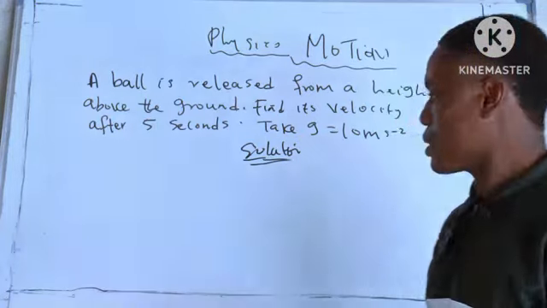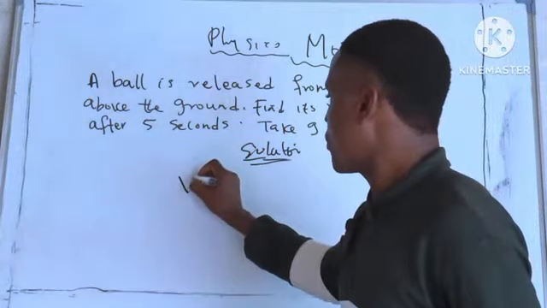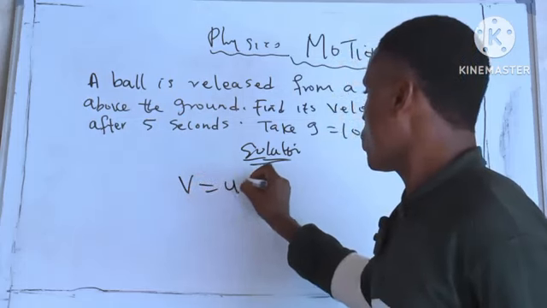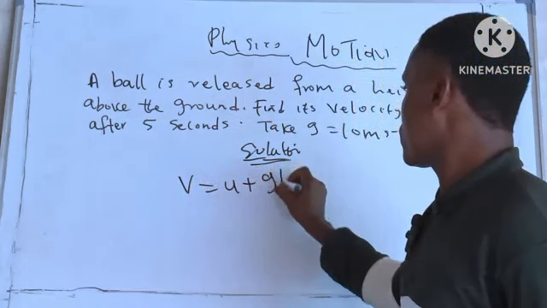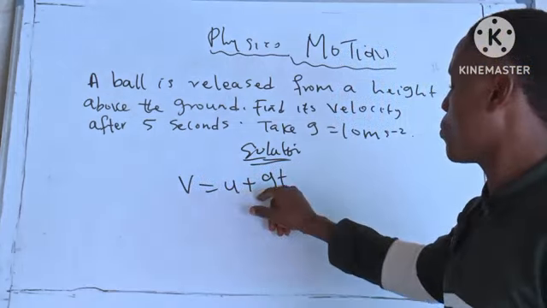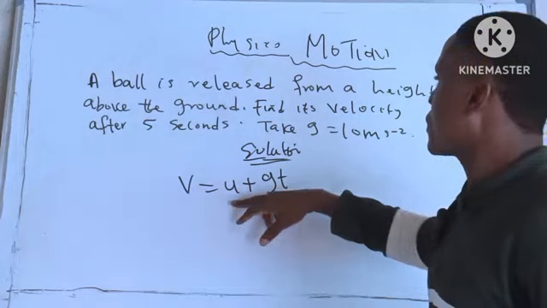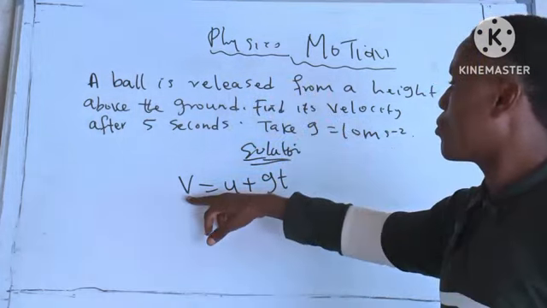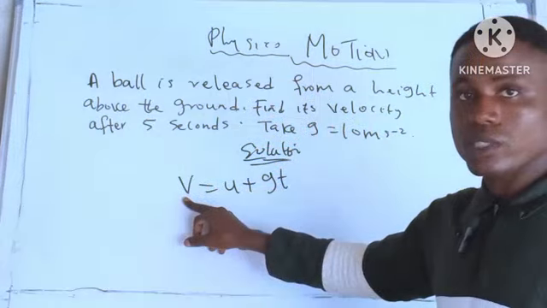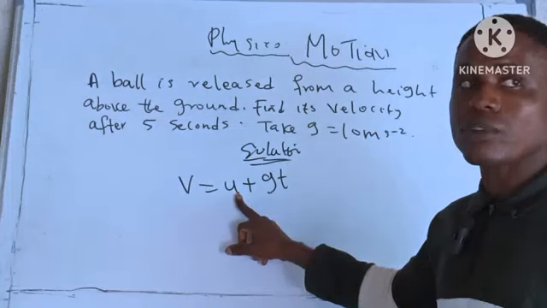Now, let me explain this. From this equation, we can make use of the formula v equals u plus gt. Look at this equation. The v stands for the final velocity, while the u is the initial velocity.